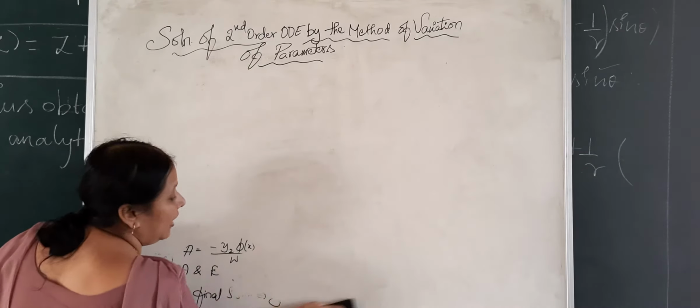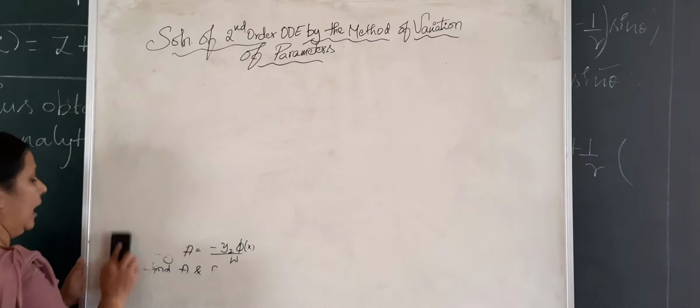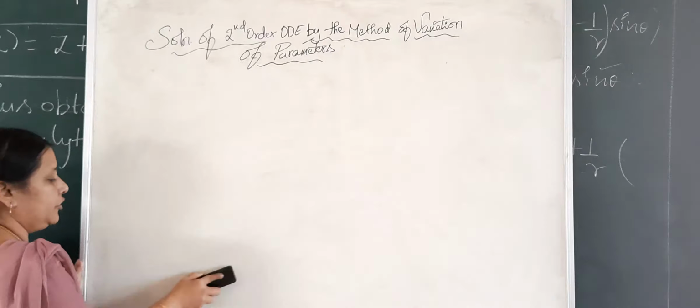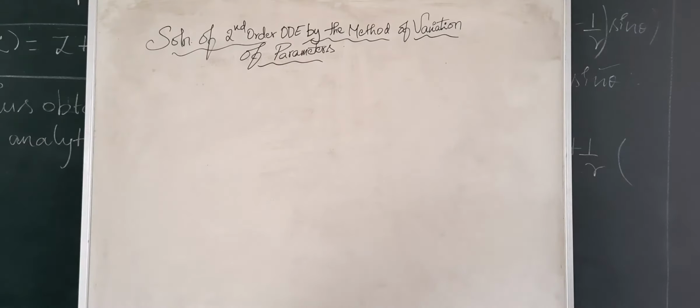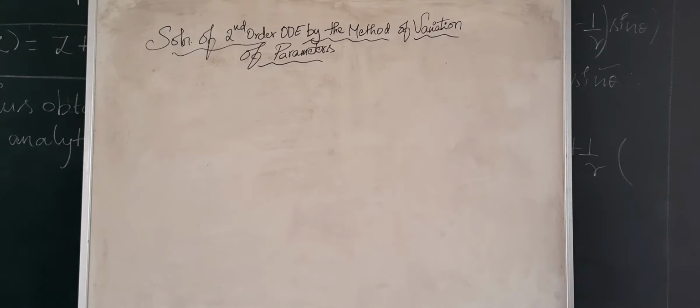Guys, you have to compulsorily apply the method of variation of parameters when it is specified. You can't apply any other types at all. Understood? Yes. Let us solve now.